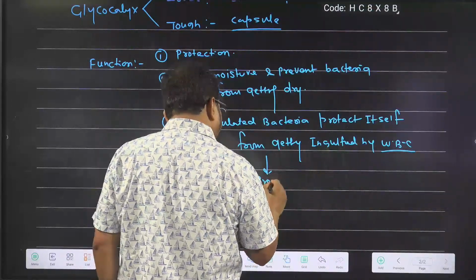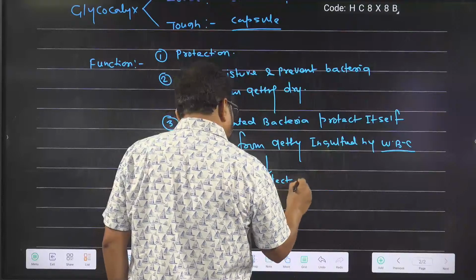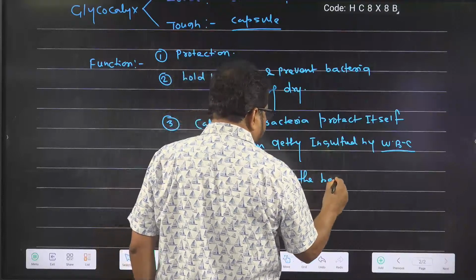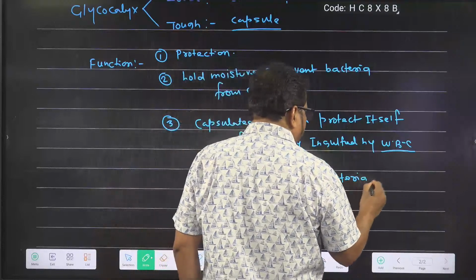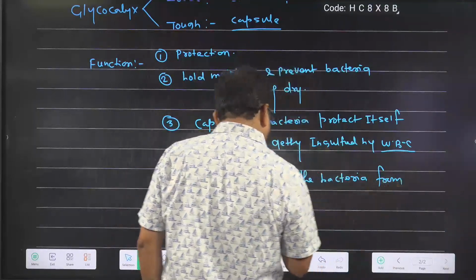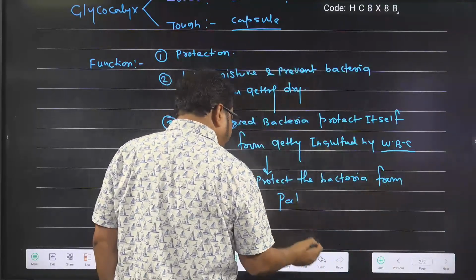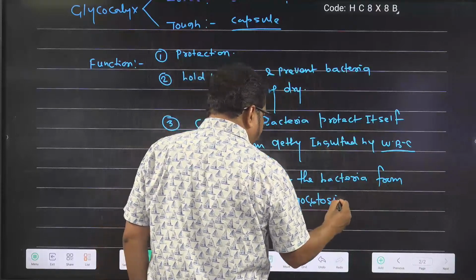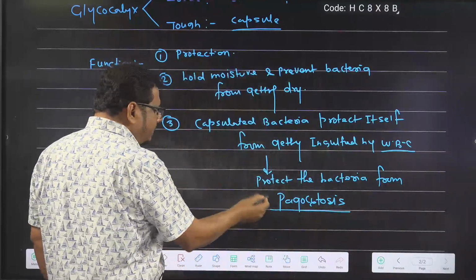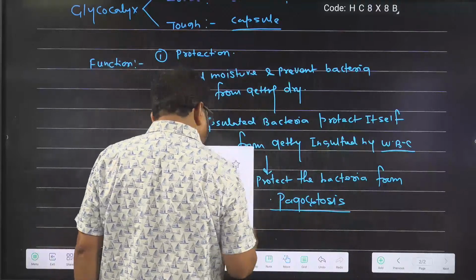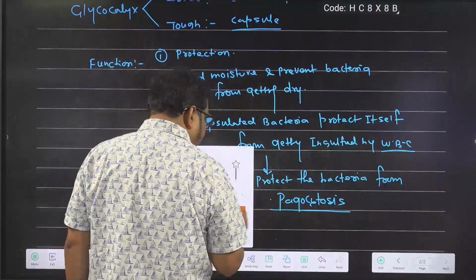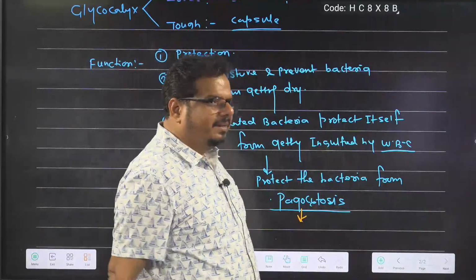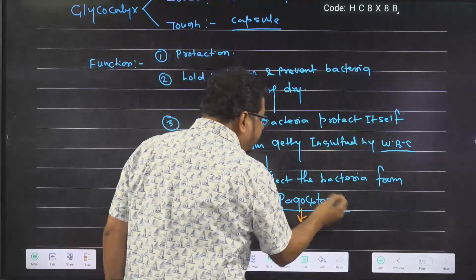Protect the bacteria from phagocytosis. Do you know this term? I am just giving you an idea. Detailed idea will be given by the zoology sir when they teach you the chapter human health and disease. I am giving you a basic picture.